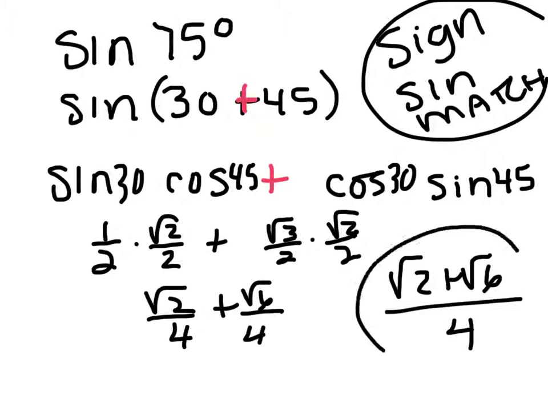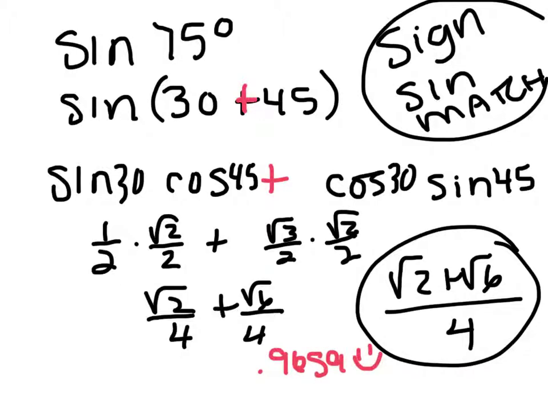You're actually going to leave your answers as exact values, but if you do it on a calculator, you end up with 0.9659, the right answer that we're looking for. So if you follow the rules, then numerically you're going to get the right answer. It's just a matter of learning the rules.